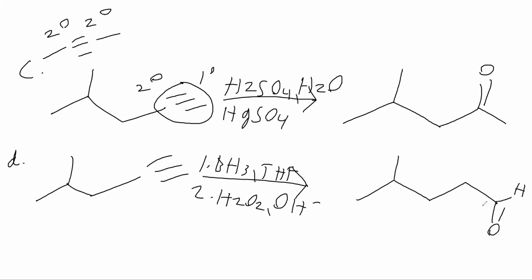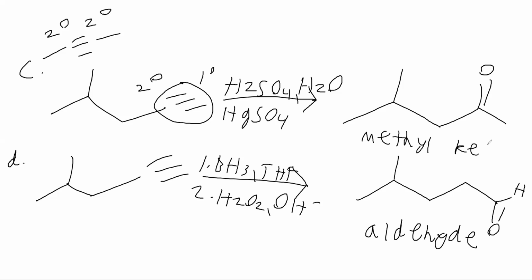And because it put the carbonyl at the end of the chain, it forms an aldehyde. So this formed an aldehyde. And this formed a methyl ketone. And it's a methyl ketone because there's a ketone and there's a methyl group on the right side. That's why they call it a methyl ketone.